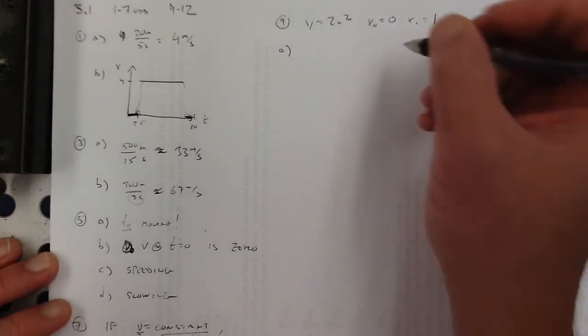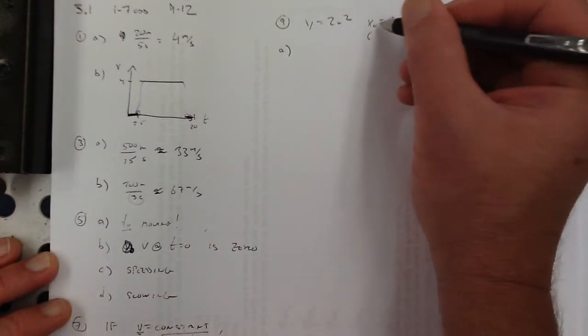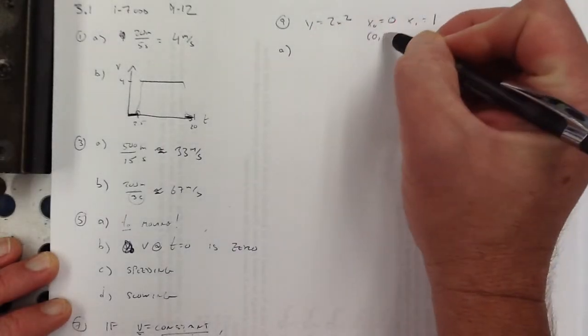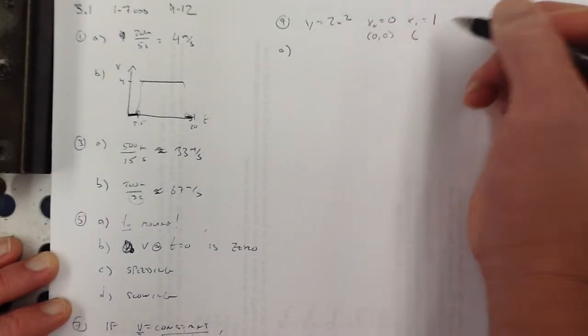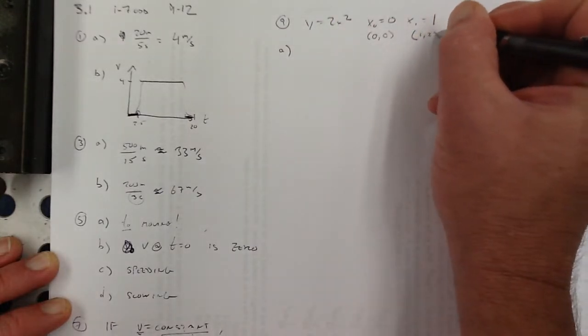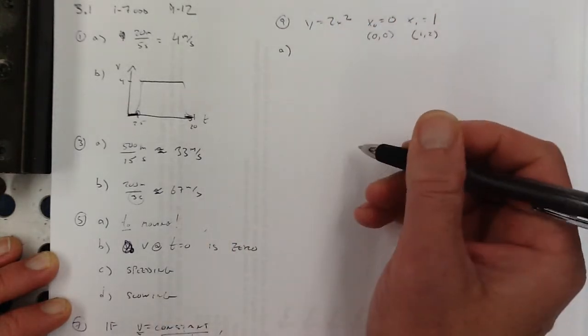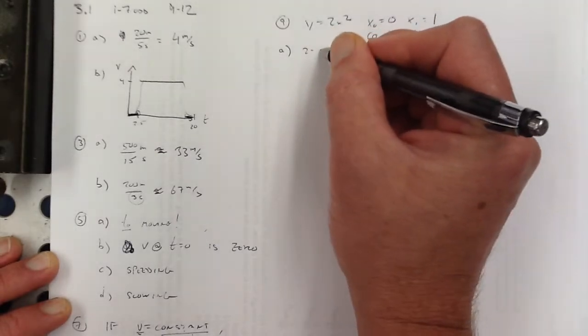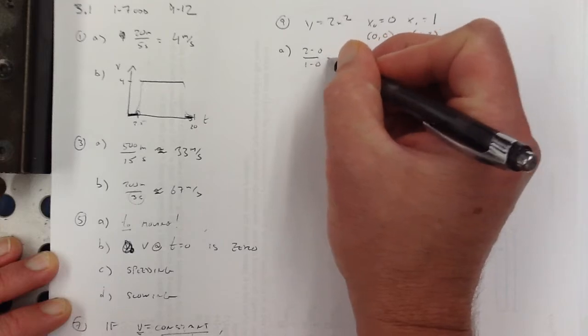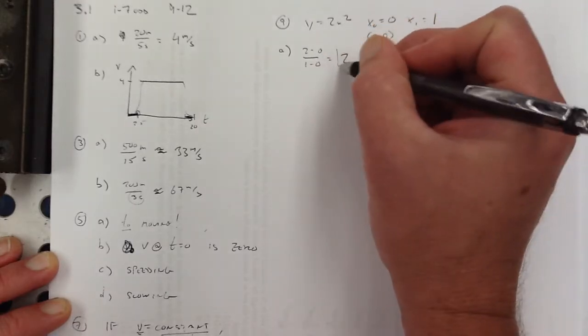So my points are 0, comma, when I plug 0 in here I get 0, and my other point is 1, comma 2. So A is just the slope of that secant line. You probably don't need to write anything out because you're so smart. It's 2.